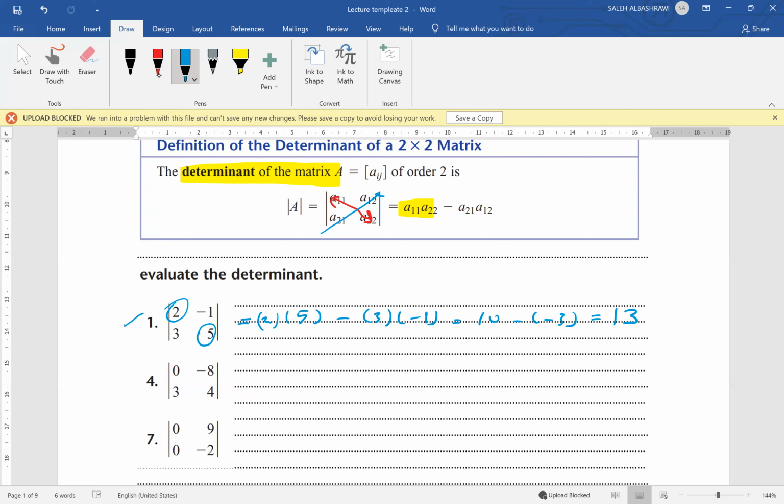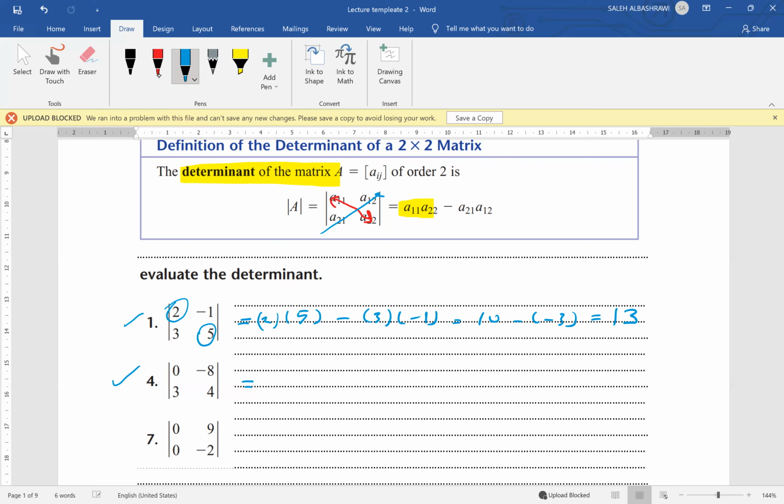As I said, the determinant is used to find the inverse of the matrix, and also sometimes to determine whether the matrix has an inverse or not. If the determinant is equal to 0, then the matrix doesn't have an inverse. If it is not equal to 0, then the given matrix has an inverse. Now in the next example, I need to find the determinant of this matrix, which is 0, minus 8, 3, and 4.